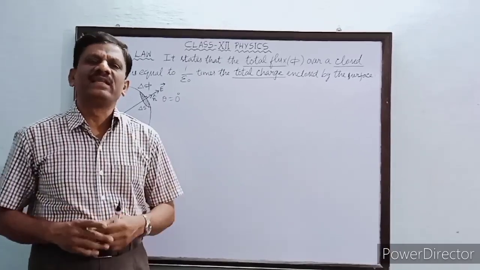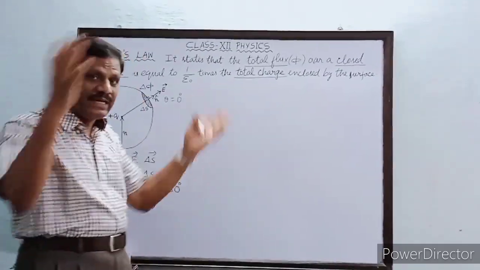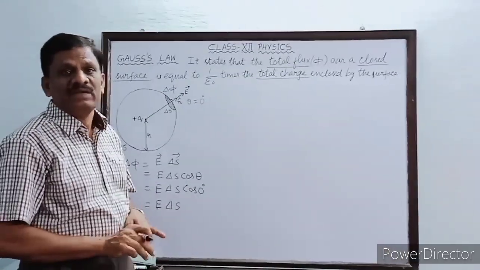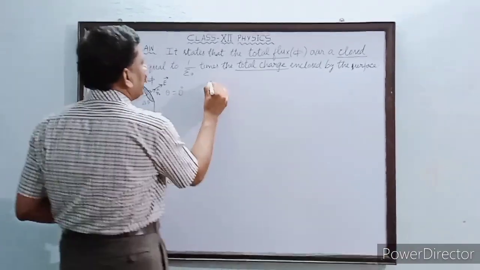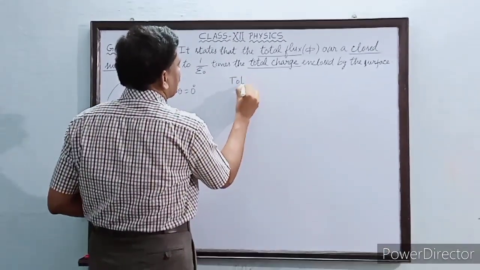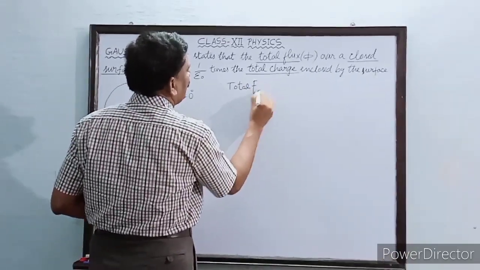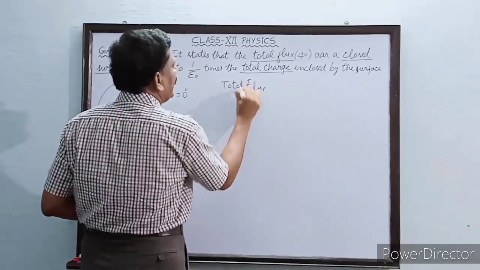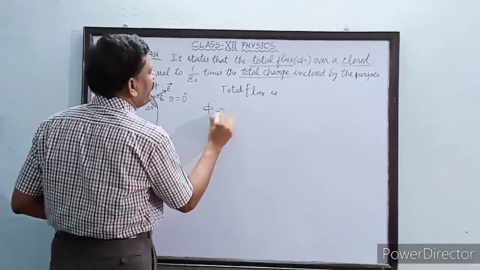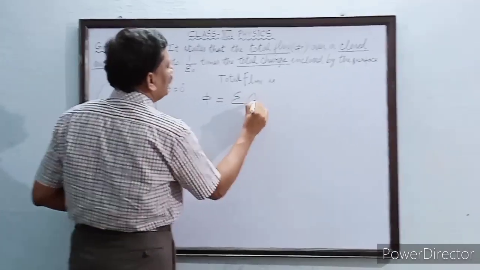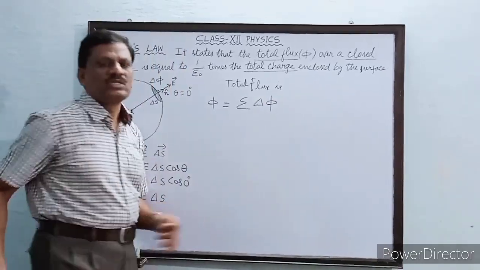Now, how to find the total flux passing through the entire surface area of the sphere? We have to do the summation. Therefore, the total flux passing through the entire area is given by phi, and phi is equal to sigma delta phi. So, what is the meaning of sigma?